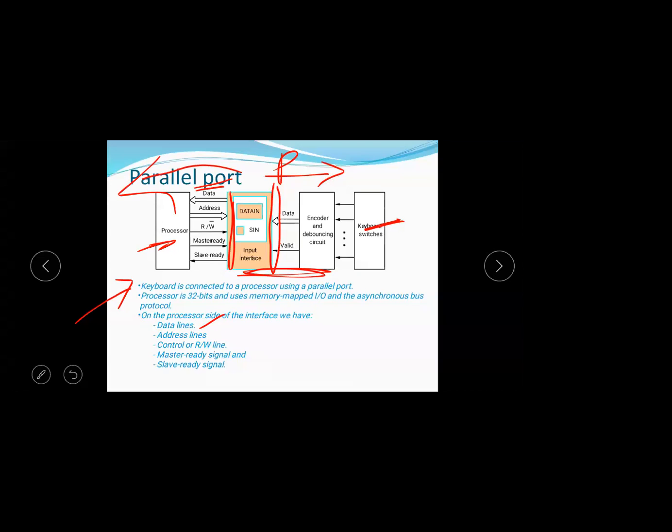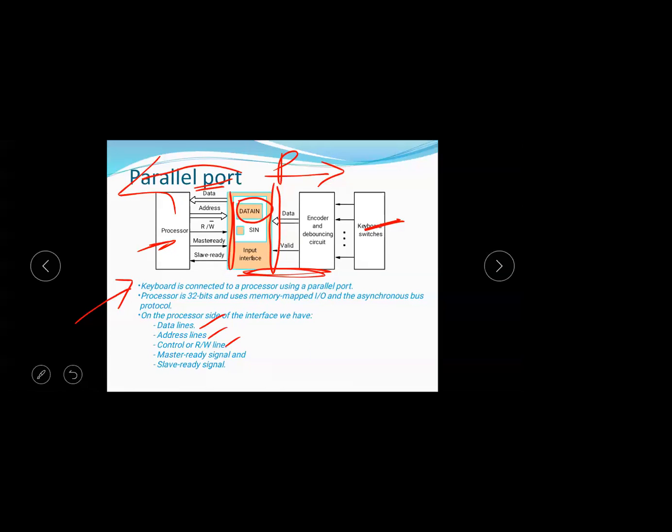Data lines, address lines: it has to specify the address of the data in register. The data in register has an address. To specify the address we use address lines, and the control line, the read/write line, is also known as a control line.